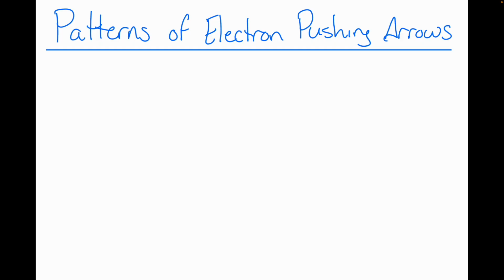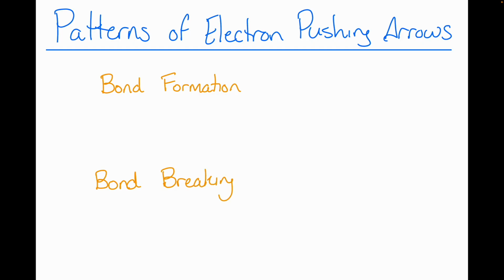We have bond formation arrows, and we have bond breaking arrows. All right, and our bond formation arrows, they're always going to have this same pattern that we see. We have a lone pair that becomes a bonding pair.